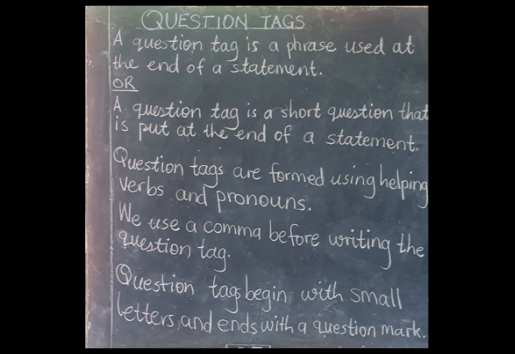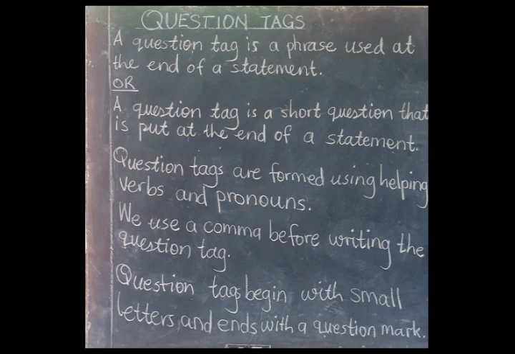If it is for a female noun, then you change the pronoun to suit a female name. We use a comma before writing the question tag. When you write a statement, you put a comma, then you bring the question tag. That is how question tags are formed.